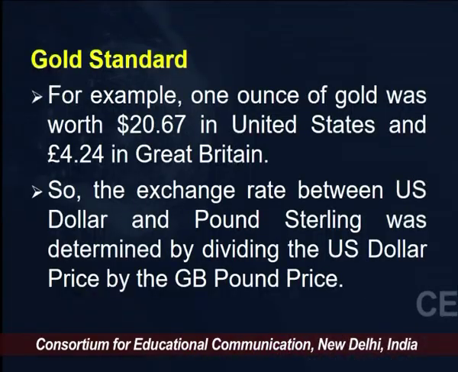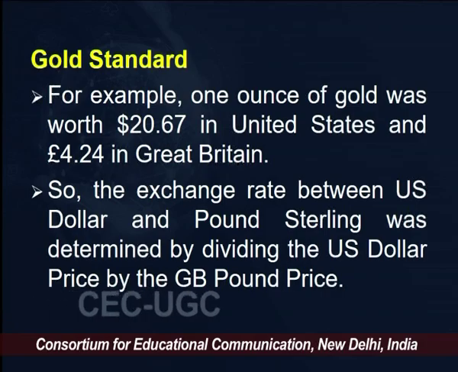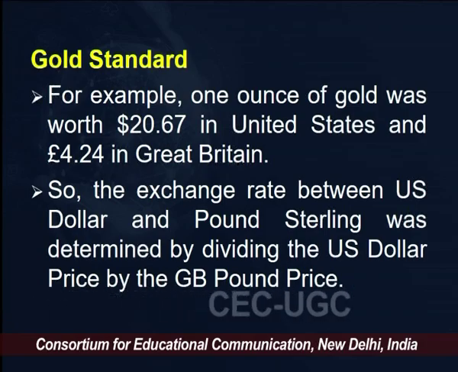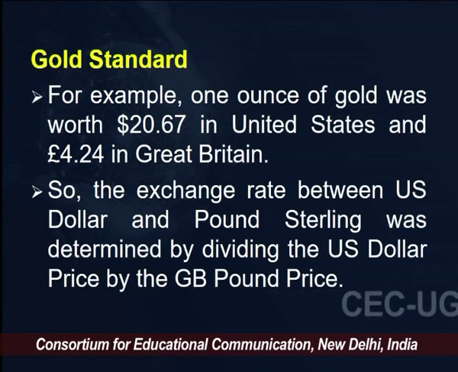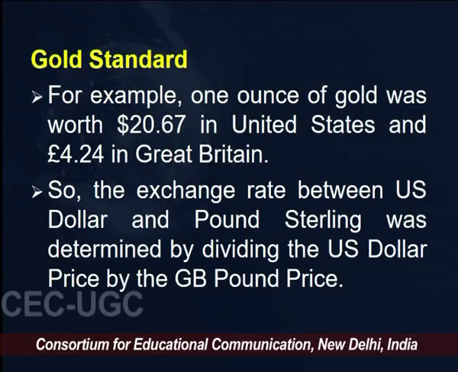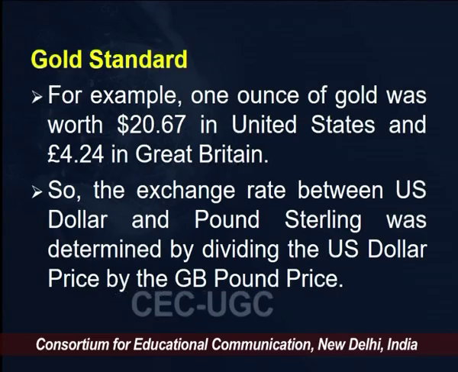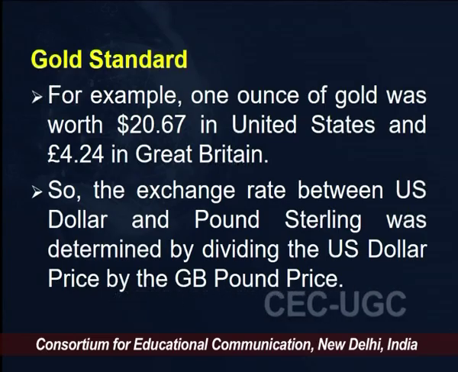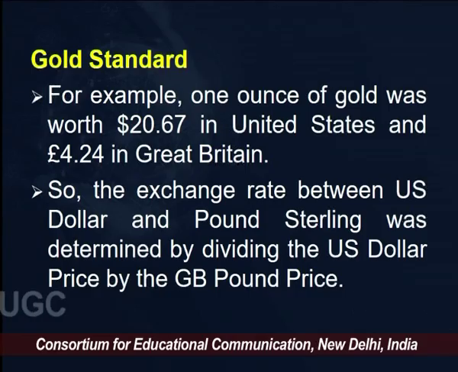Now, let us take an example and discuss how the exchange rate was determined. For example, 1 ounce of gold was worth $20.67 in the United States, while the value was 4.24 pounds in Great Britain. So, the exchange rate between the US dollar and the pound sterling was determined by dividing the US dollar price by the Great Britain pound price.